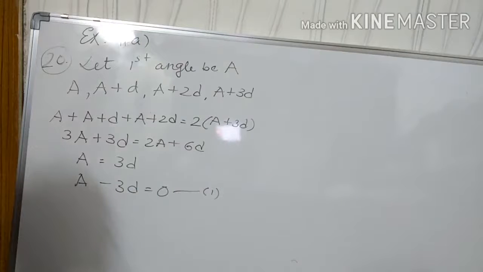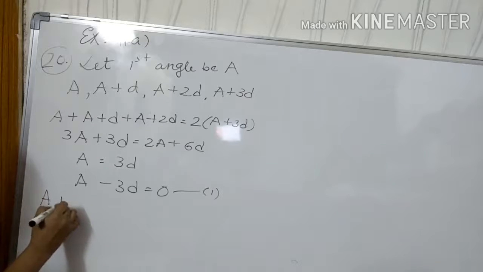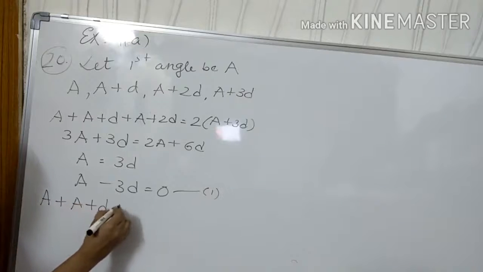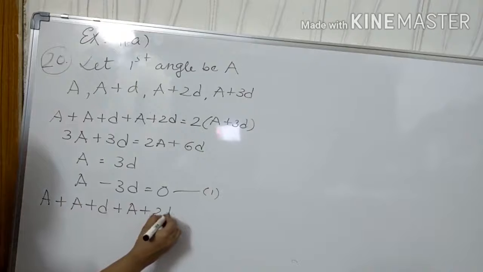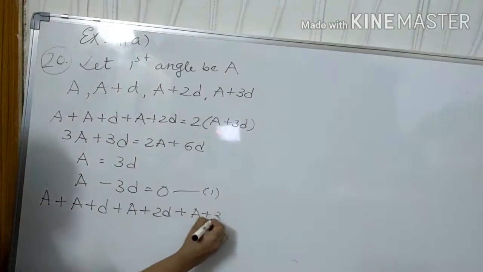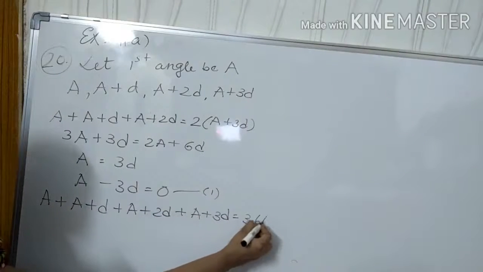Now using the second relation that we all know, in a quadrilateral the sum of the four angles will always be 360 degrees. So I write here a plus (a plus d) plus (a plus 2d) plus (a plus 3d) is equal to 360 degrees.